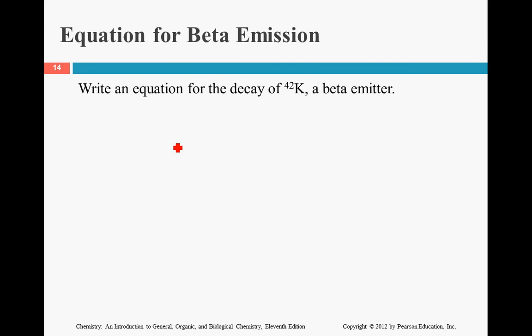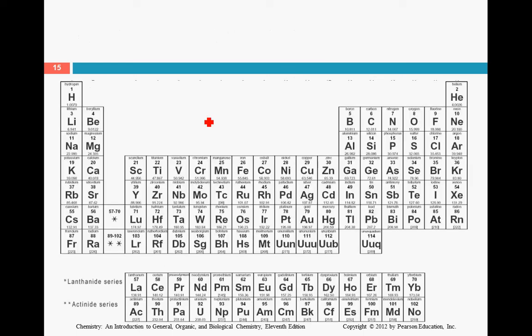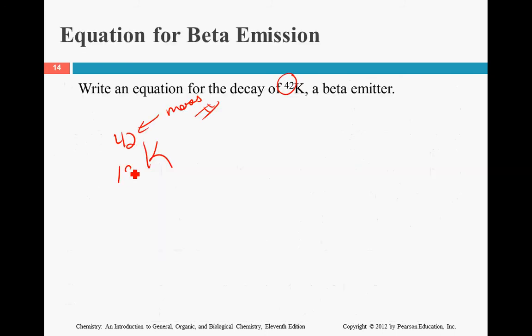So let's do this again. K42, that's the mass number. We have to look on the periodic table for the atomic number, which is 19. And it's beta emission, so we're going to have a beta particle. Emission means it's on the right hand side of the arrow.